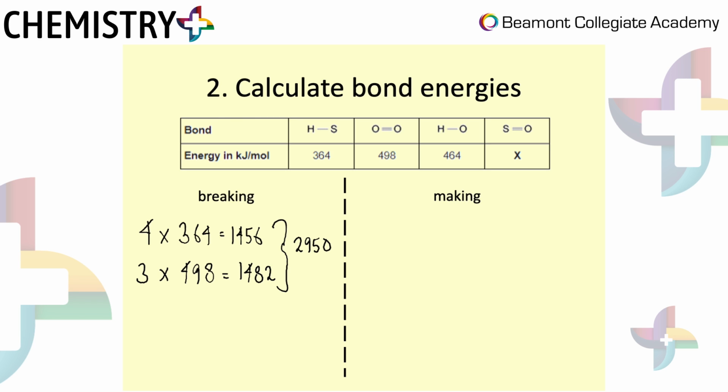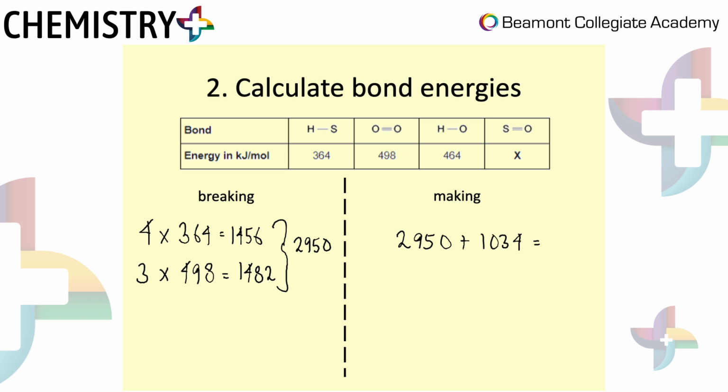For the making side, it informed us in the question that 1034 more kilojoules of energy were made compared to breaking. So therefore that means we have the 2950 plus the 1034.